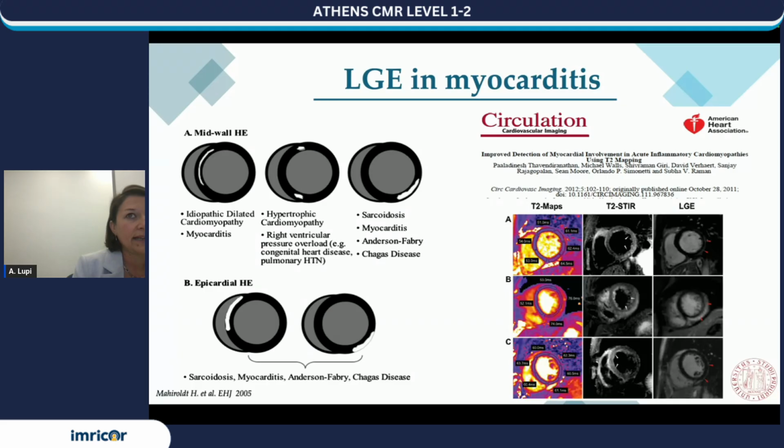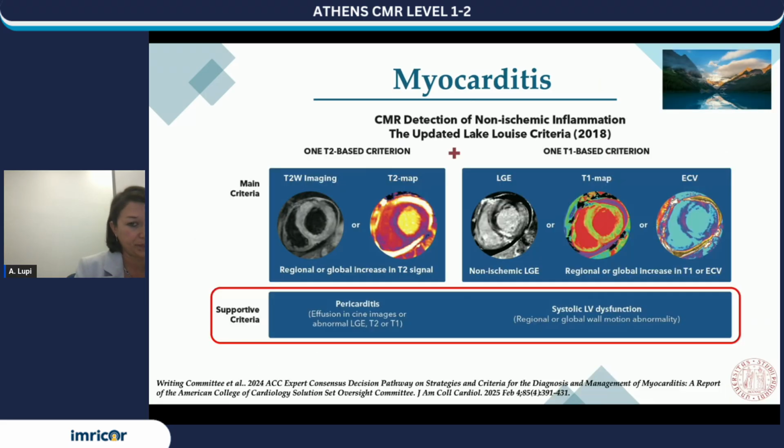Looking finally at myocarditis, also in this case, mapping techniques play a key role, since T2 maps seem to be more sensitive than classical qualitative T2 sequences in identification of edema.